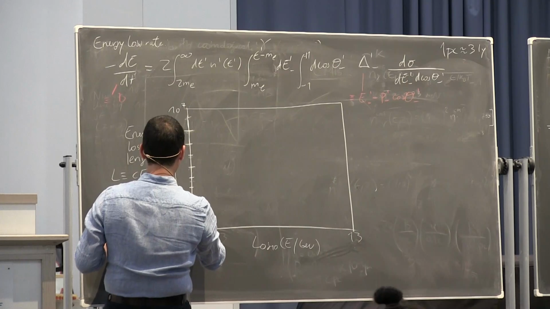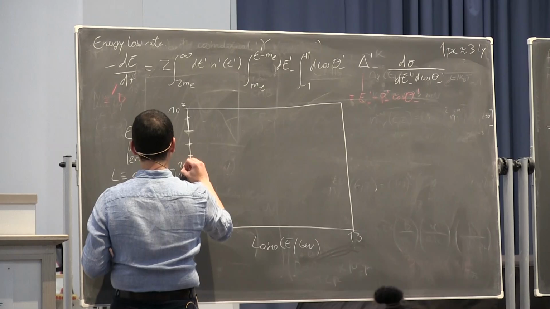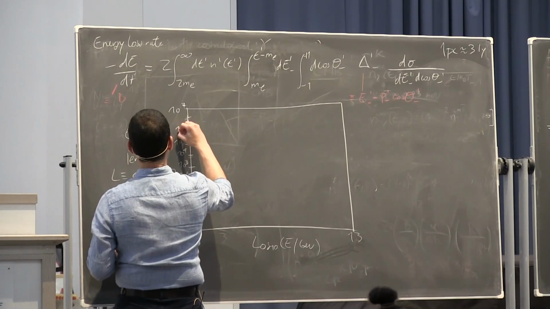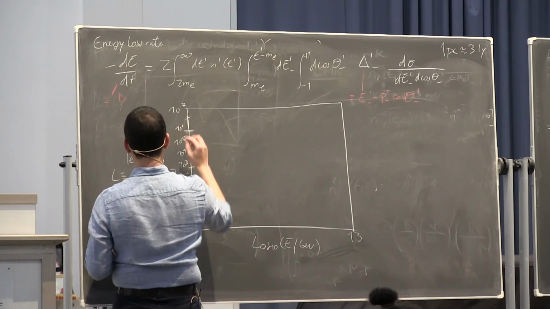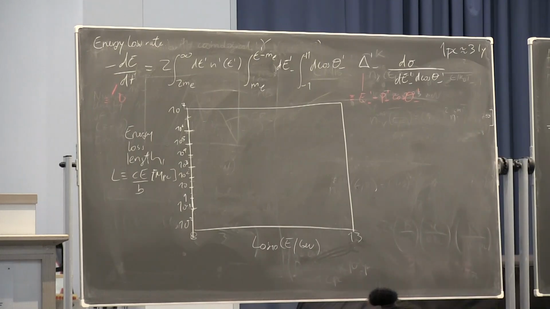So 10 to the minus 1, 1, 10 squared, cubed, 4, 5, 6. The first thing we can draw here is the adiabatic energy loss term.